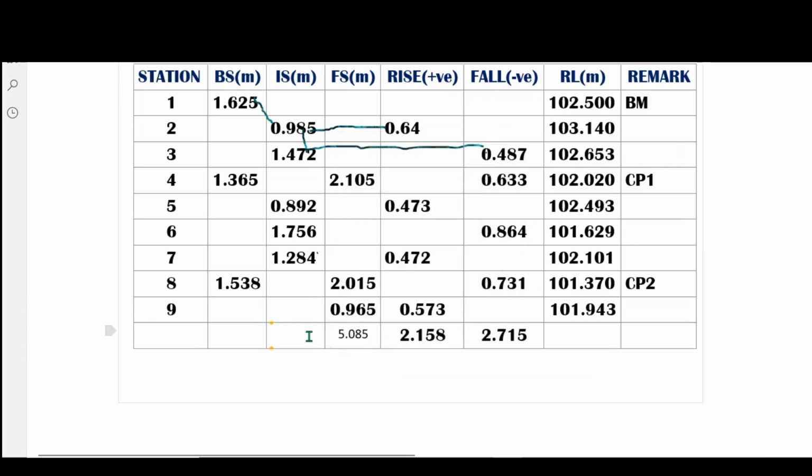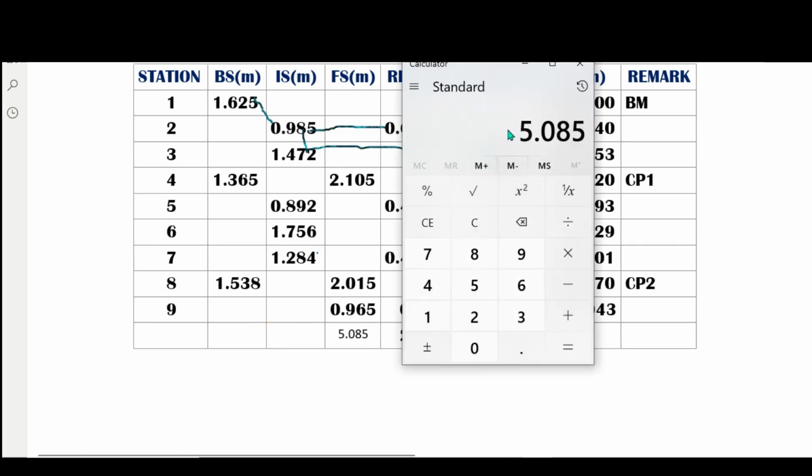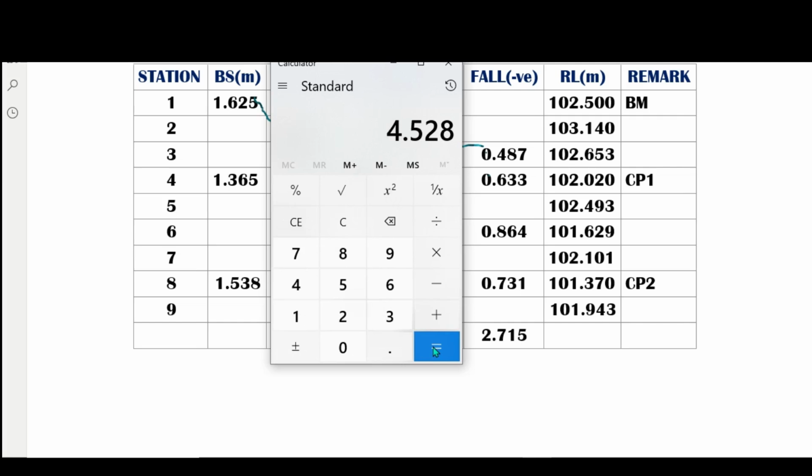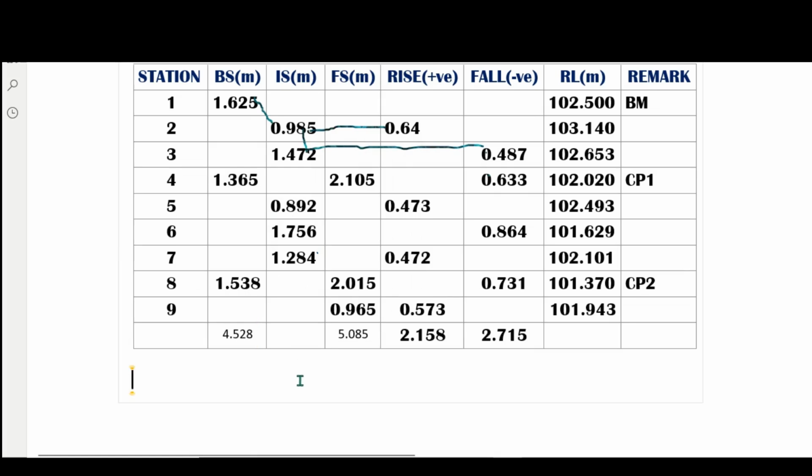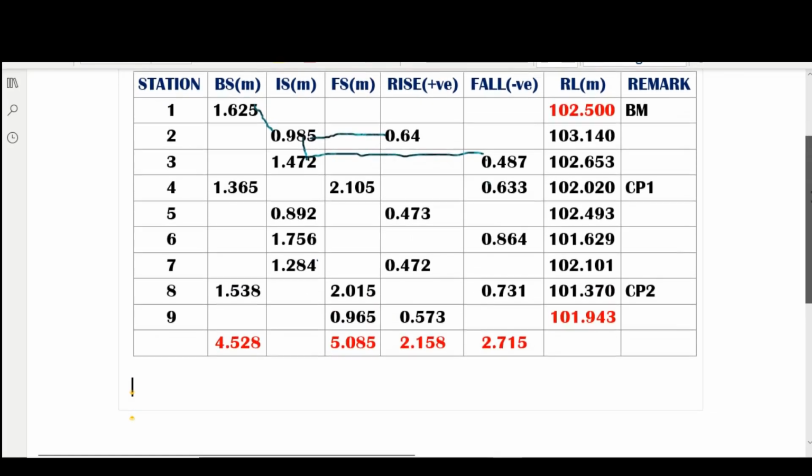So the next one is my backsight. My backsight is now going to give me 4.528. All right, so this is what we do. These are our finals. This one, this one, this one, and this one.